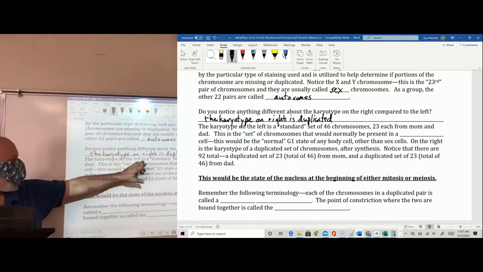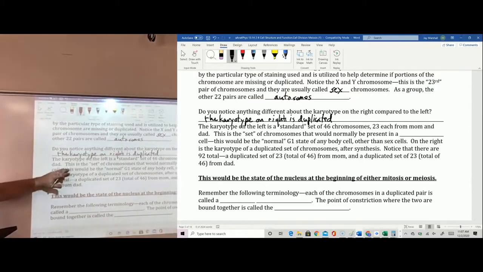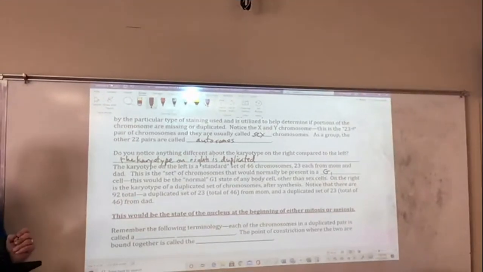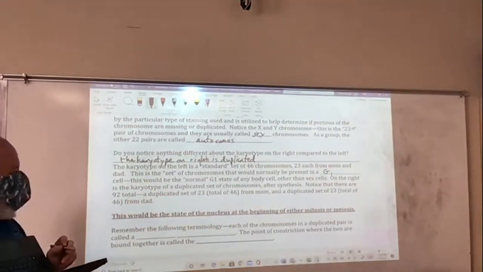On the karyotype on the left, a standard set of 46, 23 each for mom and dad. This is the set of chromosomes that would normally be present in a G1 cell. Okay, this is before synthesis.